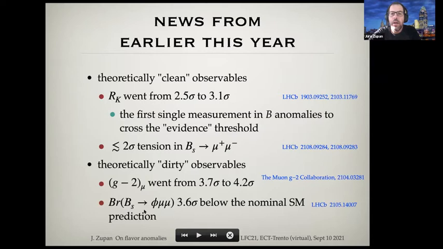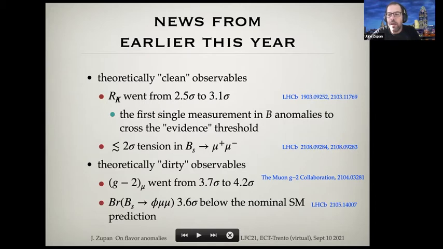Okay, all right. So what happened in the last year with these measurements? Psychologically, I would say there were two important measurements that came out in March, April this year.